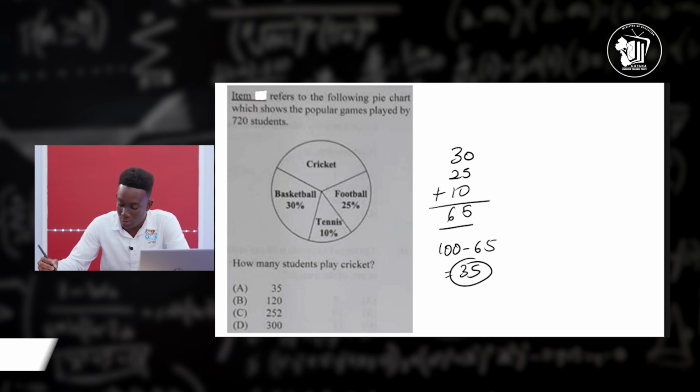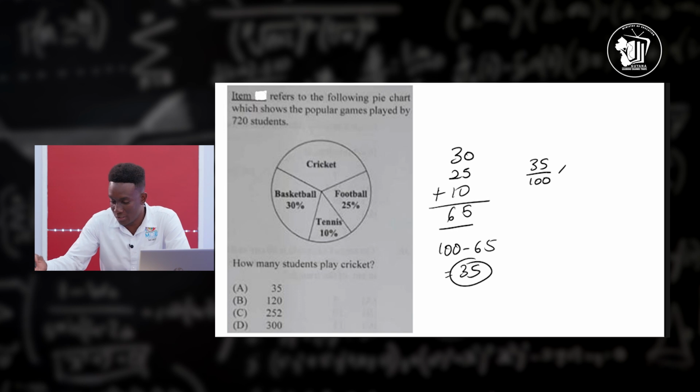So in order to find the amount of students who play cricket, it will be 35 over 100 multiplied by the total number of students, which is 720. So this 0 go with that 0. 5 into 10 would be 2. 35 divided by 5 would be 7. 72 divided by 2 would be 36.